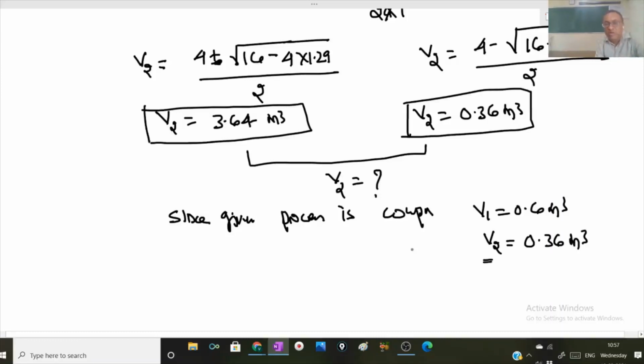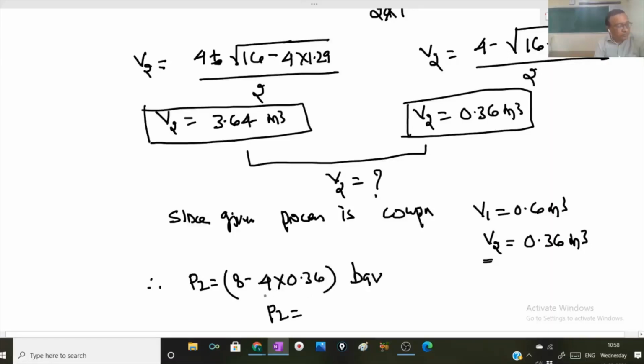So this way V2 will be 0.36 meter cube, and hence P2 will be 8 minus 4 into 0.36 bar. So P2 will be, you can calculate P2 as 6.56 bar.